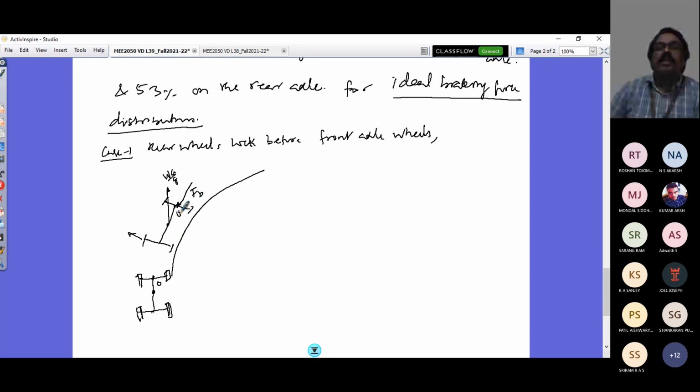That yaw moment is because these wheels are locked and they are drifting out, so a rotation will be initiated. Then this inertia, the braking force, which is equal to WA by g, would create a yaw moment into the disturbance. So this is coming from here, the wind gust is coming from this direction, that makes this happen.